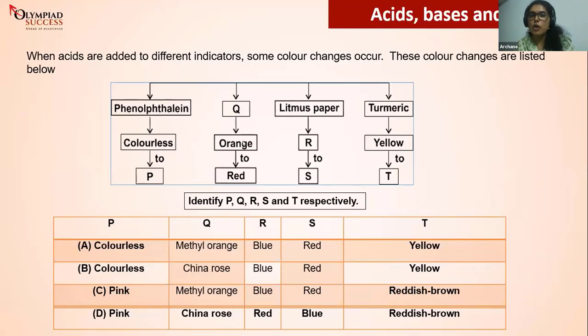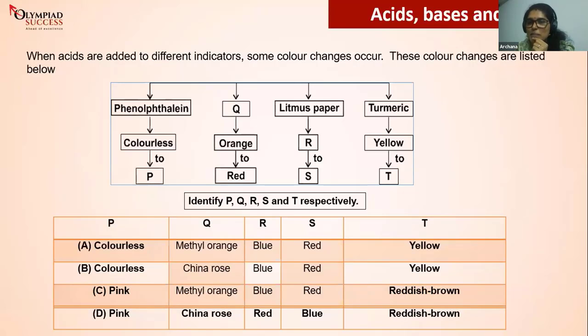Next, Q on the other hand changes orange to red. Methyl orange, which is orange in color, will become red in color. Litmus paper becomes R to S when acid is added. That means, what is the answer here?